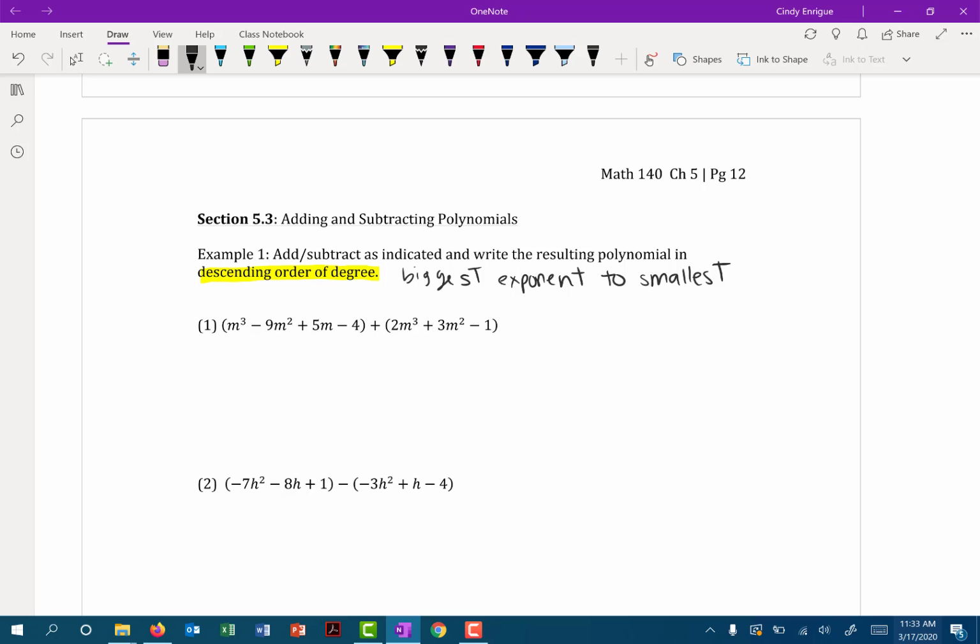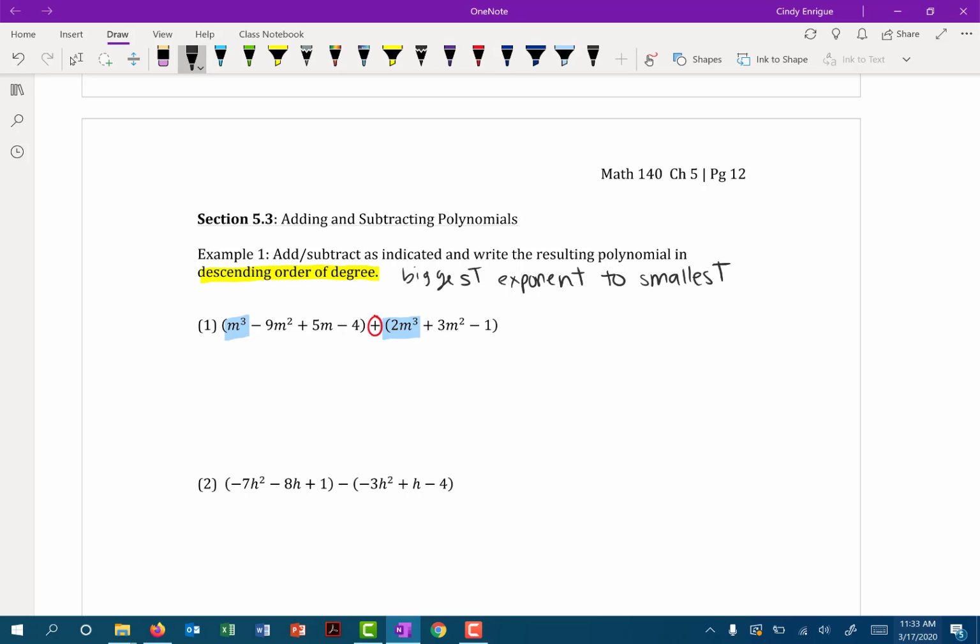So we want to make sure that we rewrite this, and the way I'm going to rewrite it is I'm going to make sure that I group them together by exponent or degree. So here's an m cubed and here's an m cubed. Since we have addition, we're just adding these terms together.